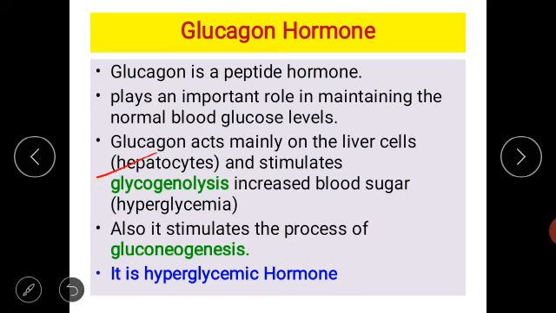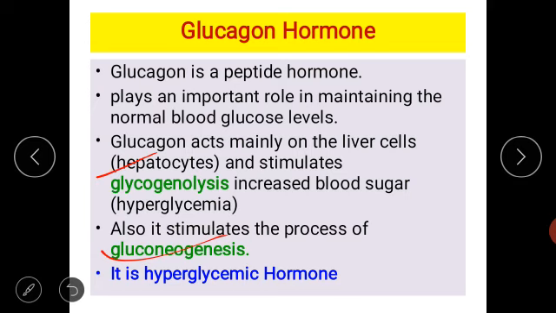Another additional important thing is that glucagon can stimulate gluconeogenesis, the production of glucose from non-carbohydrate sources. Proteins and fats can be broken down to produce glucose, because the person is in a fasting condition, so there is no carbohydrate source to produce glucose.